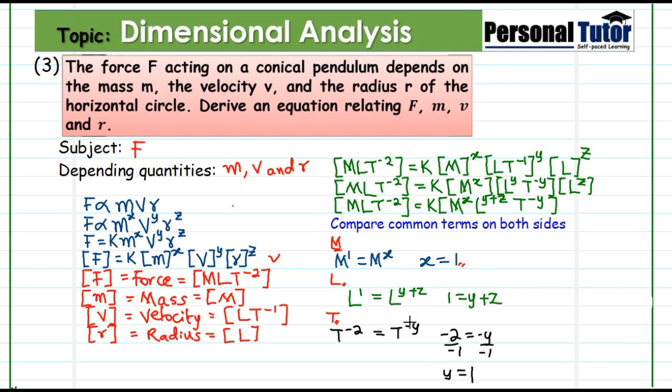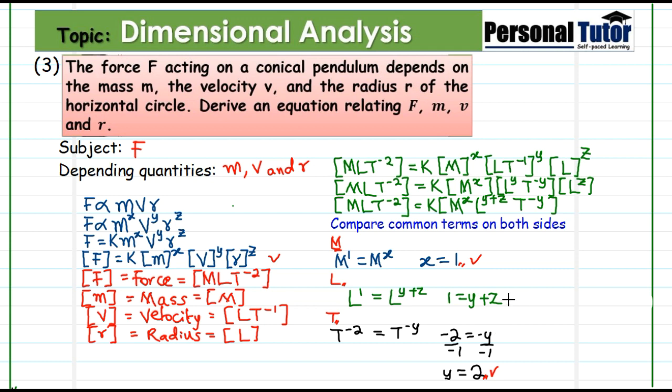Okay, that is a negative 2 divided by negative 1, giving a positive 2, rather. Great. So we now have s to be 1, y to be 2. What of z?